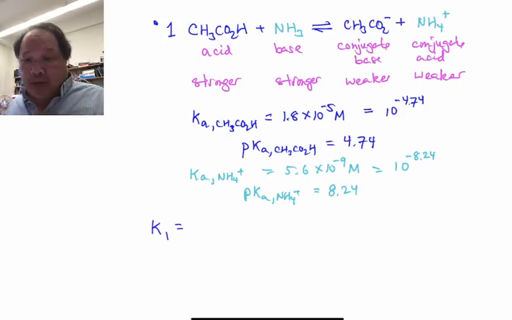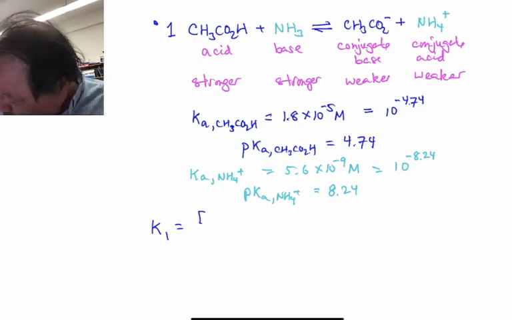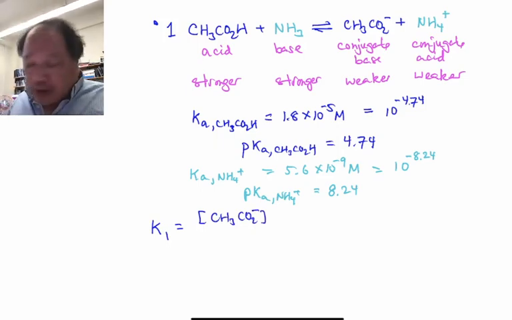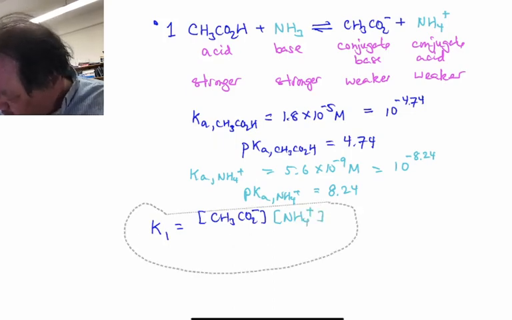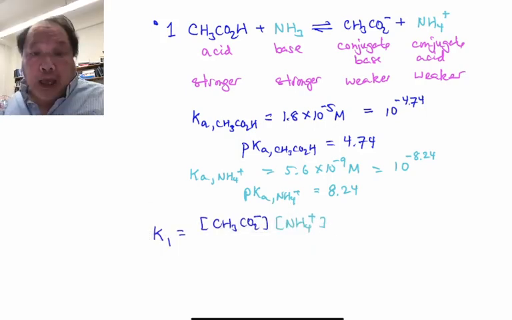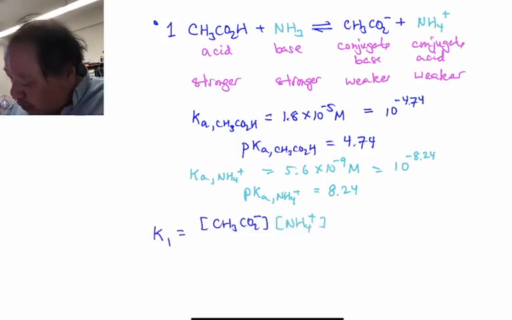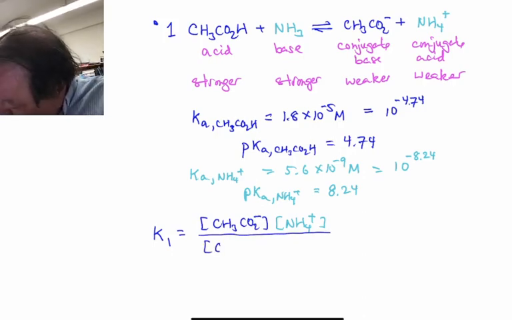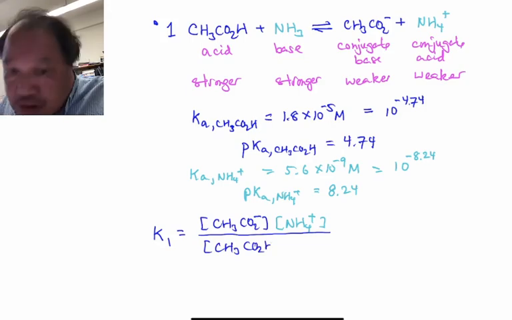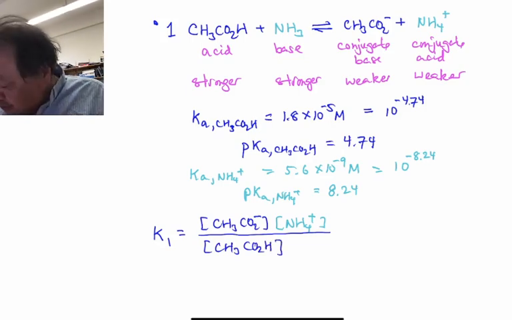That's going to be equal to the product concentrations, CH3CO2 minus, times the other product concentration, which is NH4 plus, divided by the reactant concentrations, which are CH3CO2H, and the other reactant is NH3.